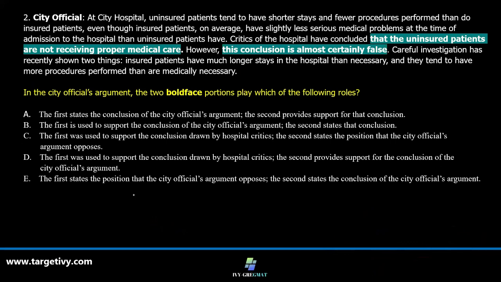Critics of the hospital have concluded that uninsured patients are not receiving proper medical care. However, this conclusion is almost certainly false. Careful investigation has certainly shown two things.